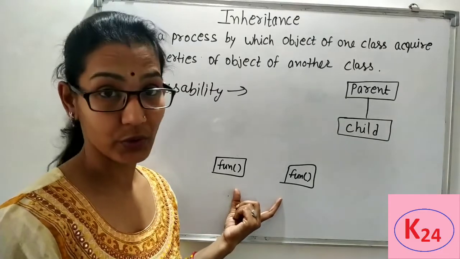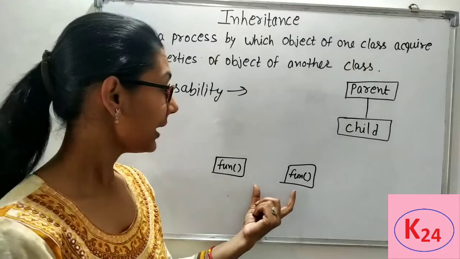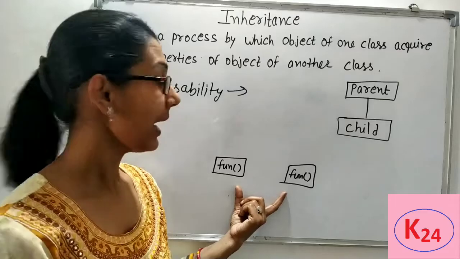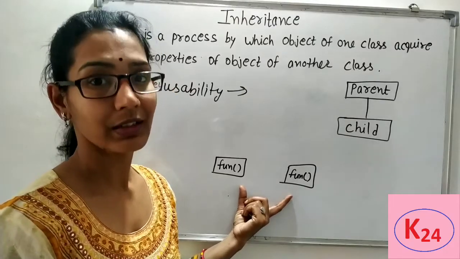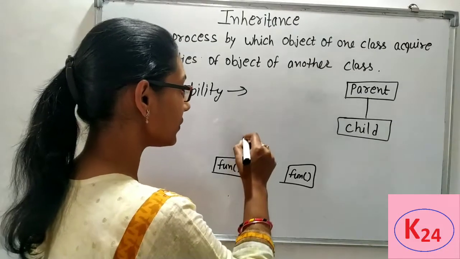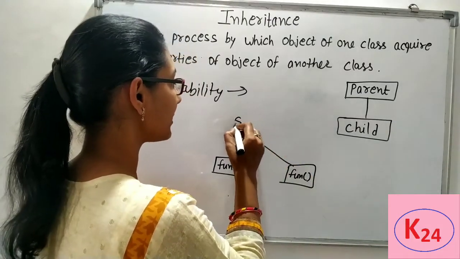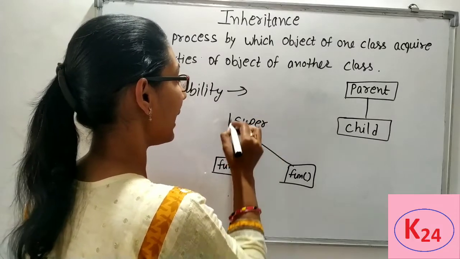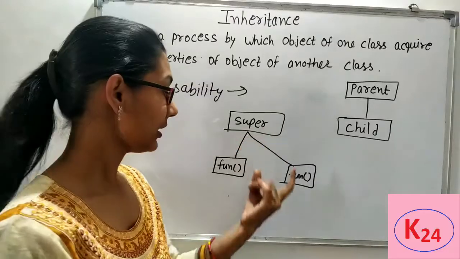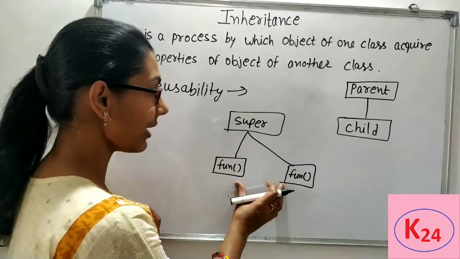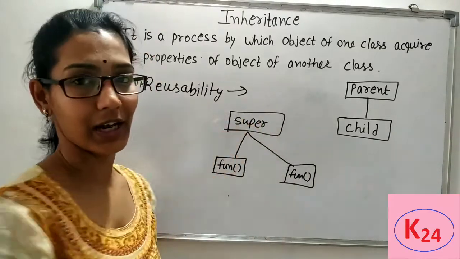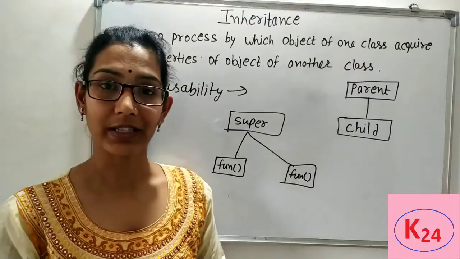But this is not a better solution, because time and space are occupied so much, and redundancy is also introduced. So the solution is to use a superclass, and in this superclass we define the function fun, and both derived classes inherit the function from the superclass. So this is reusability.